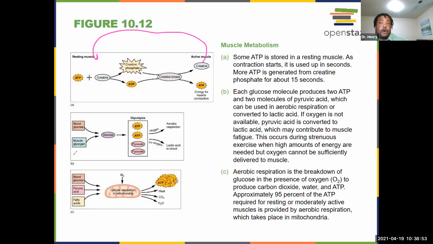So these are the places where we're going to get our ATP from. The first one is that we're going to be recycling that ATP using creatine. The other place that we're going to be getting it from is glucose, right? So either from our blood sugar or from glycogen.